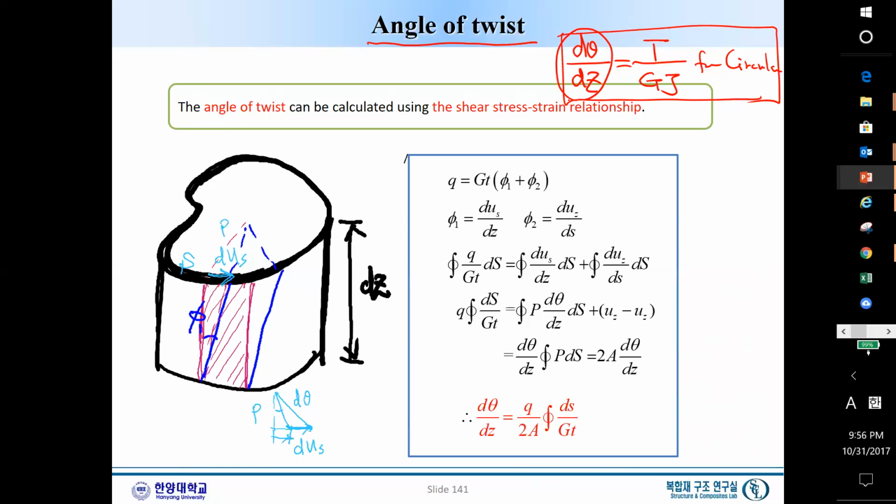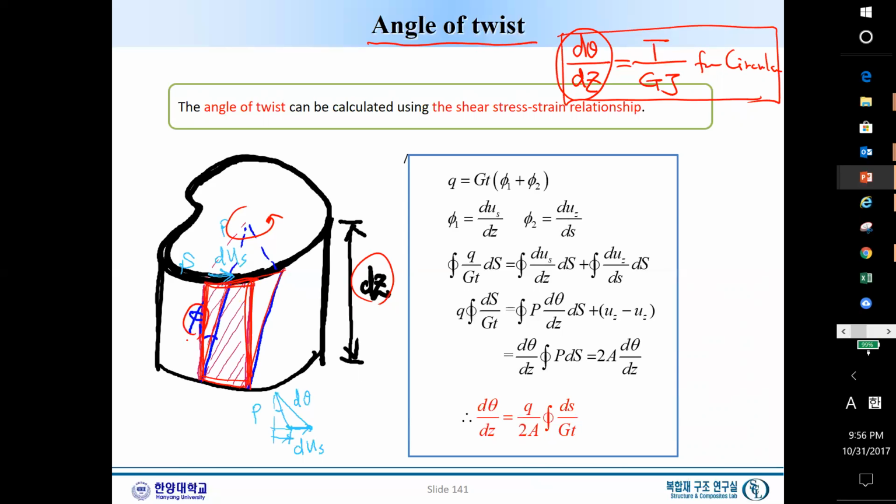To do that, first, let's take a look at this thin wall shaft, with length delta z, and let's take a look at this part. Under torque, this area has deformed this way. The most important deformation is the angle, we call phi 1.